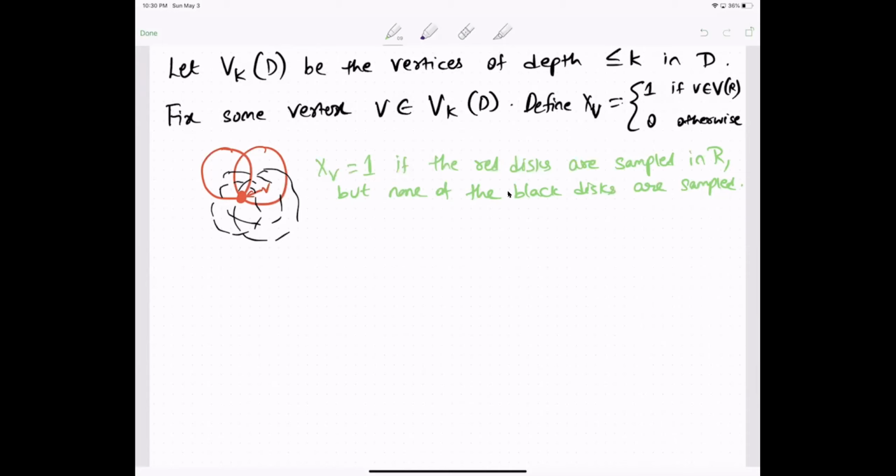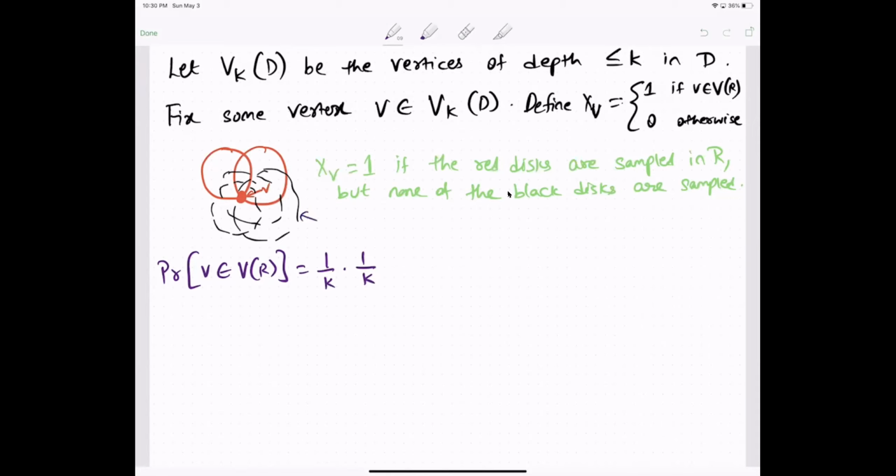Okay, so then now we can do some math again. The probability that v will belong to V of R is as follows. This v is defined by two red disks, as shown here. These two red disks define this vertex v. So both of them have to survive, which happens with probability 1 over k and 1 over k.